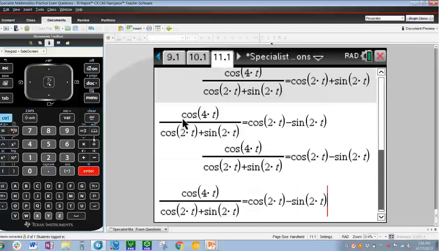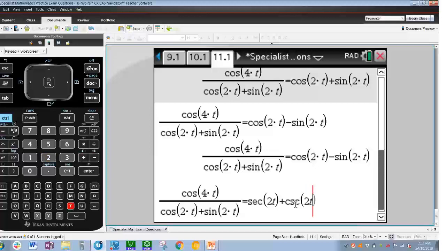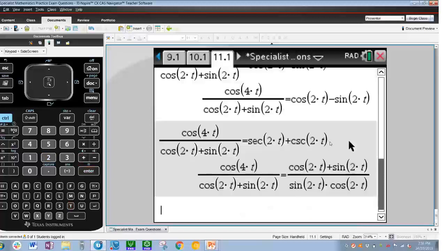So basically, with some questions, the trial and error on the calculator is most likely the best way to go about it. So let's try the next one, which was sec of 2t, and then plus cosec, which I can type in as CSC. And here we go, CSC of 2t, and enter. Okay, so that seems like it's not working.